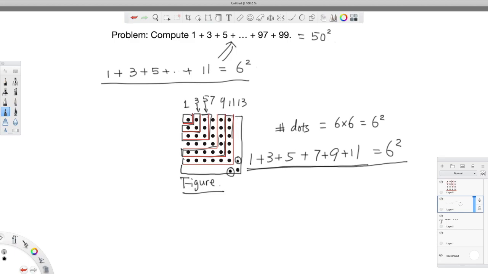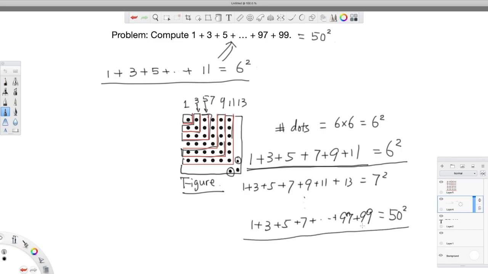Compare this L shape with this L shape: we just increased by 2 dots. So by this, we know that 1 plus 3 plus 5 plus 7 plus 9 plus 11 plus 13 is going to equal 7 squared. And so on. We can easily see that 1 plus 3 plus 5 plus 7 plus all the way to 97 plus 99 will equal the total number of dots in this square, which is going to be 50 squared.